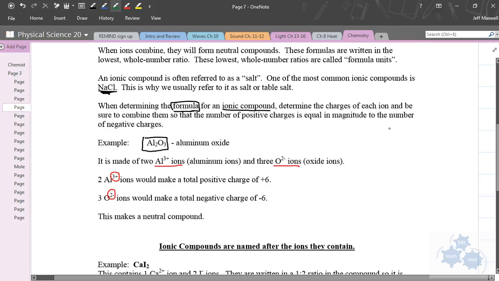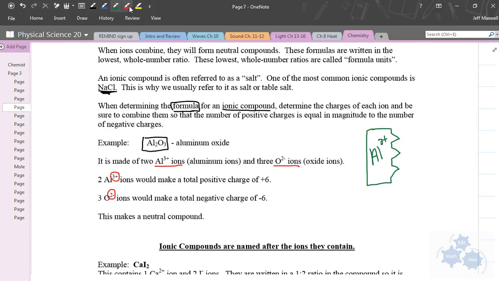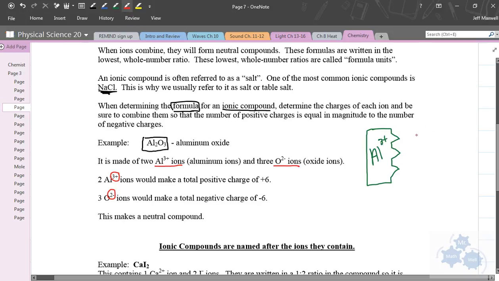You don't have to draw this right now, just watch. Aluminum ion has 3 positives. It doesn't matter if they're jutting out here for the positive, but this is the way I'm going to do it. Aluminum 3+. And oxygen, which is negative, has this sort of shape, and it's a 2-.